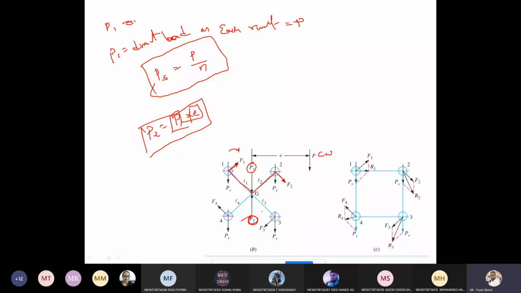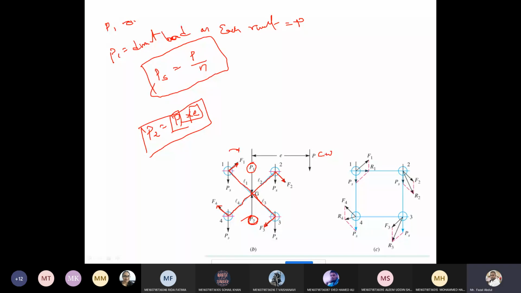On the third rivet, F3 force is generated, perpendicular to the line joining the center of gravity of the rivet to the center of gravity of the system. And F4 in the same manner is also perpendicular to the line joining the center of gravity of the system to the center of the rivet.